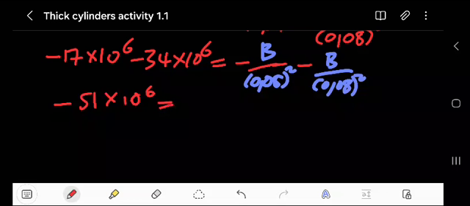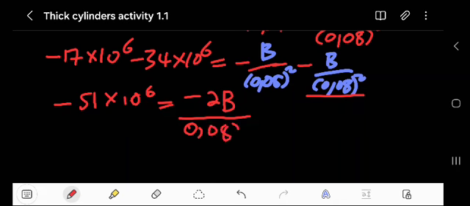This would be minus B, minus 2B. If you know the maths there, it must be minus 2B over 0.08 squared.